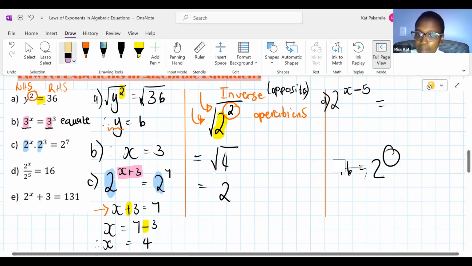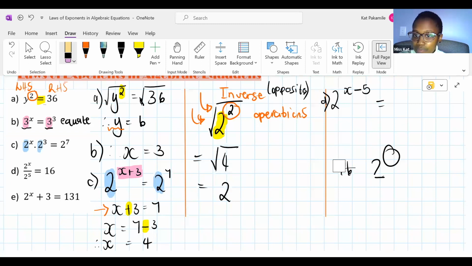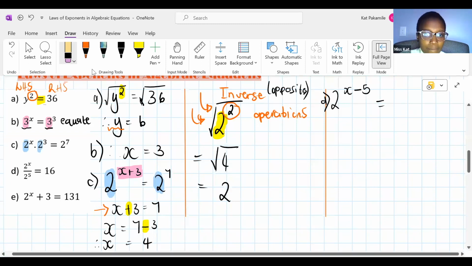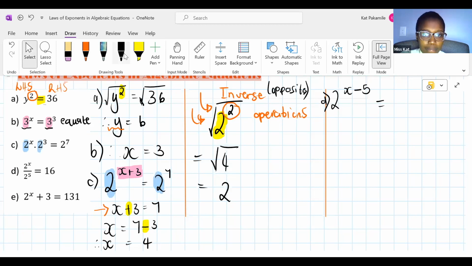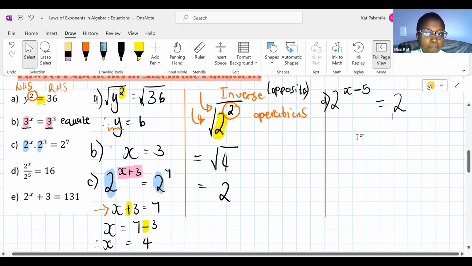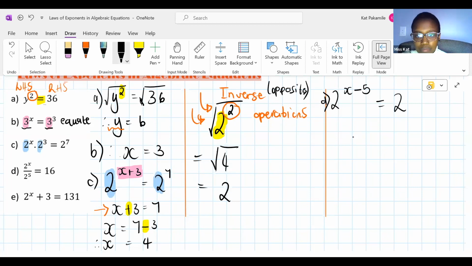If 4 times 4 is 16, then that means that 2 to the power of 4 is equal to 16, ma'am.